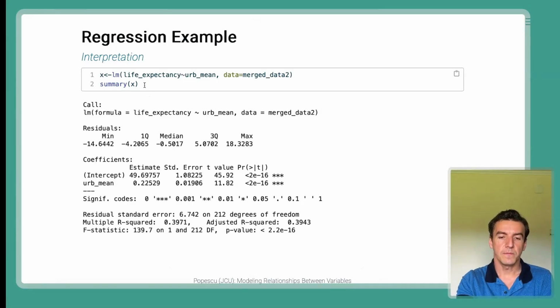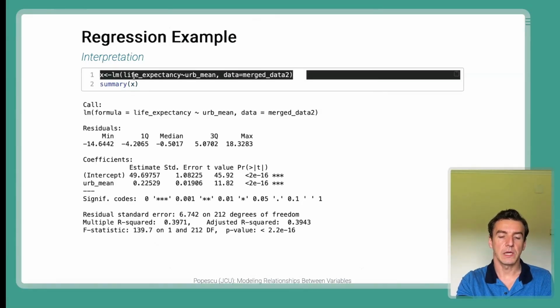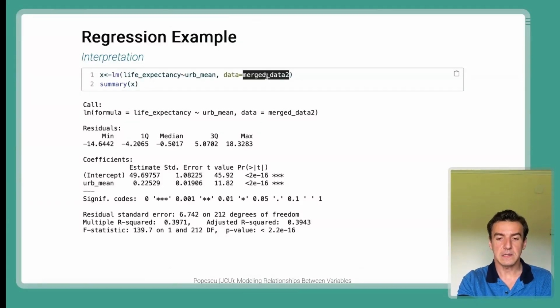Okay, so once again, this is how we run a regression in R. So this is the data set that we merged, the final data set. This is X, and this is Y, right? And then we simply run a linear model, and then we summarize it in order to see the A, the intercept. Remember this number, 49.69.